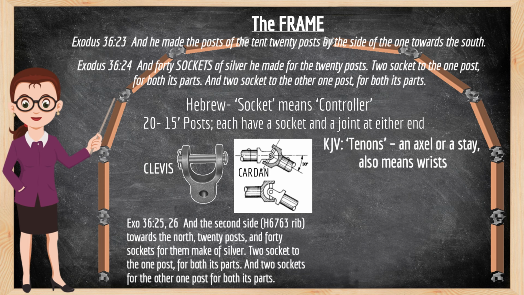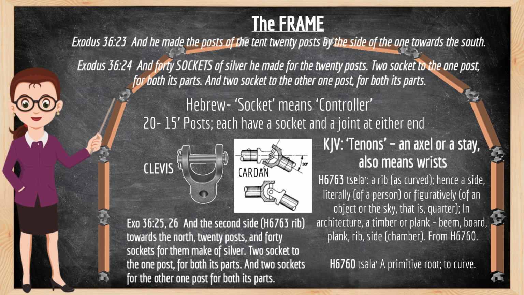Now in verse 25, the Hebrew word being used to describe these sides, as I said, is the word rib. And it will be used again when describing the wall supports, as we see. So this word is selah, and it means a rib, as curved, hence a side, literally of a person, or figuratively of an object or sky, that is quarter.